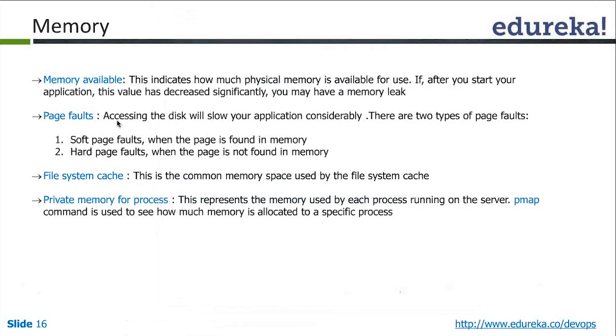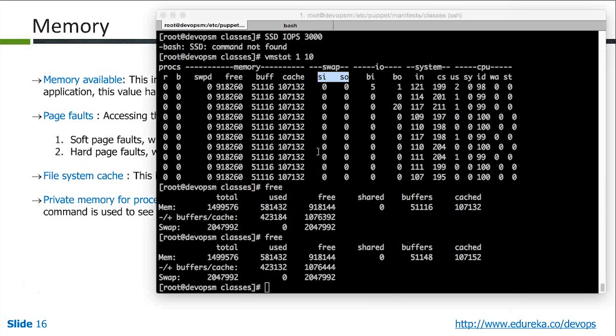What is a page fault? Accessing the disk will slow your application considerably. There are two types of page faults. A soft page fault is when a page is found in the memory but not within the CPU cache. A hard page fault is when the page is not found in the memory.